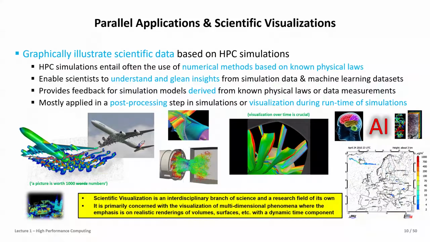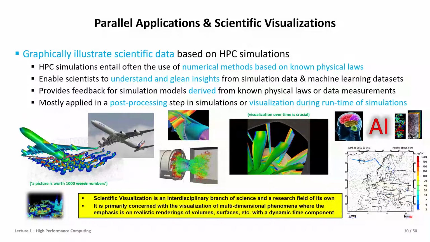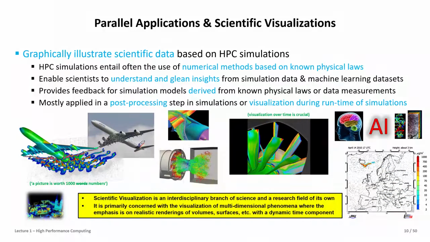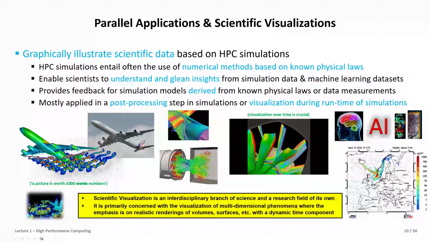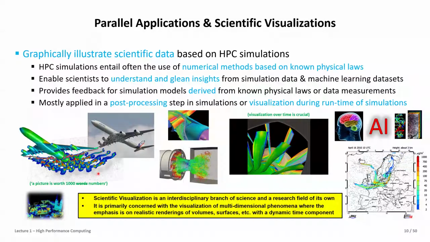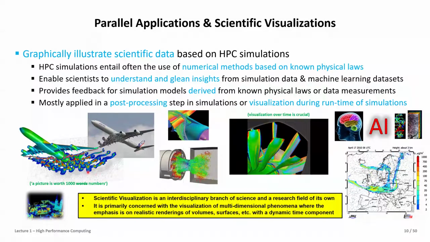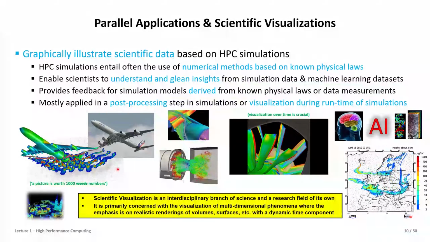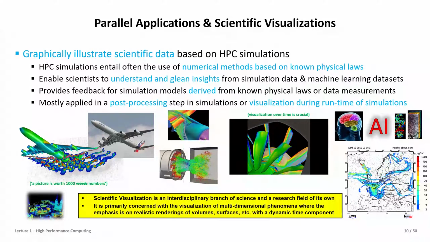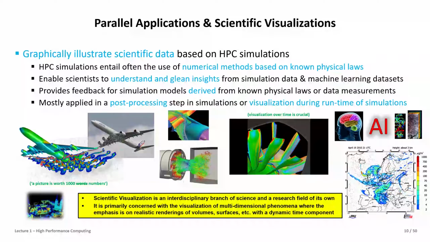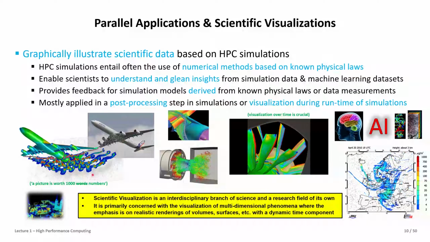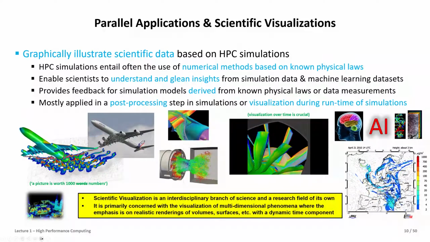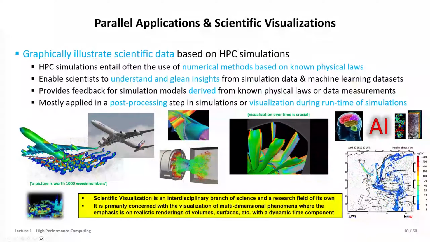You see a simulation over time of this one little turbine, not to speak of the whole airplane. There's turbulence to simulate, and you really see Bernoulli's principle coming in. There's domain decomposition with this sort of mesh you see here, which is also a term we will come to later on. But it can be complex.